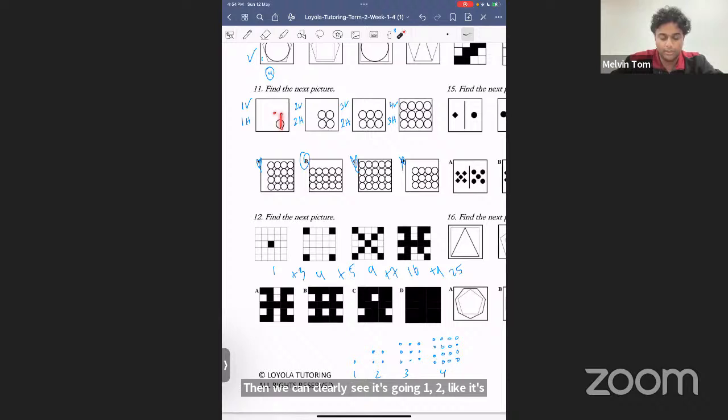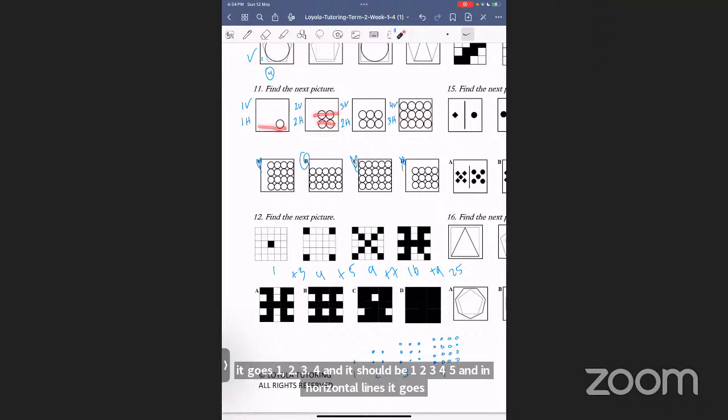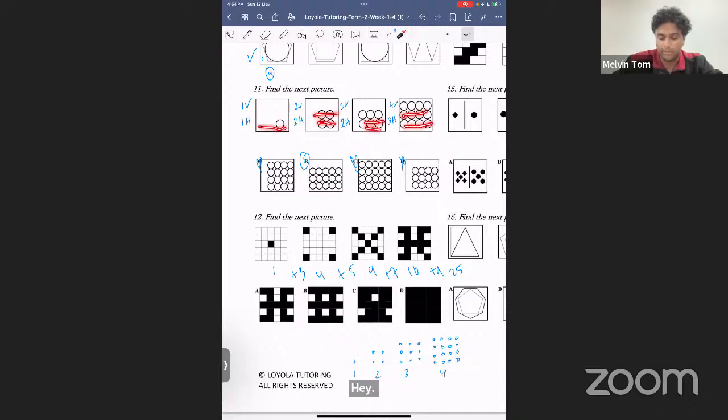So it goes 1, 2, 3, 4, and it should be 5. And in horizontal lines, it goes 1, 1, 2, 1, 2, 1, 2, 3, 1, 2, 3. So it should be 3 horizontal lines because it increases, then it stops, and it increases, then it stops. 12 is D.